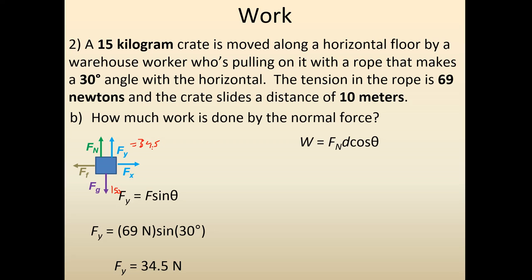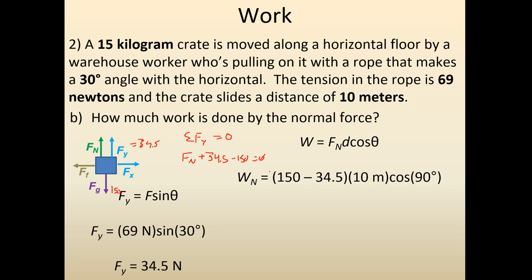So the normal force, if I look at this, I didn't do the work for it, but we can see that in the vertical direction, the forces have to equal 0. So Fn plus 34.5 minus 150 equals 0. Move things around, and we end up getting that the normal force has to be 150 minus 34.5.